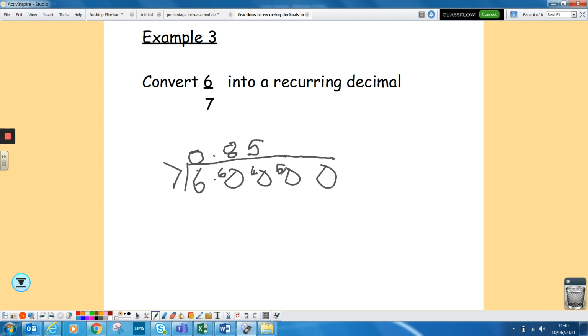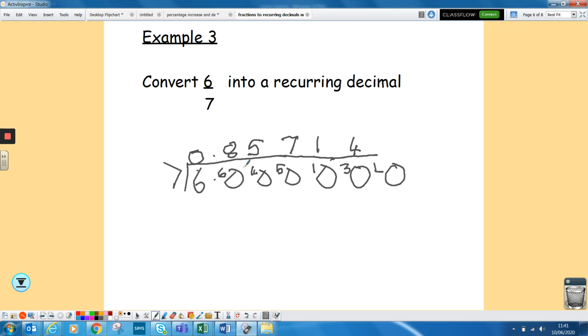So again, no repeating number yet. How many 7s are into 50? Well, that will be 7. 7 times 7 is 49, giving me 1 left over. How many 7s into 10 is 1, with 3 left over. And because I haven't got anything repeating yet, I'm going to have to put another 0 on. So how many 7s go into 30 is 4, with 2 left over.